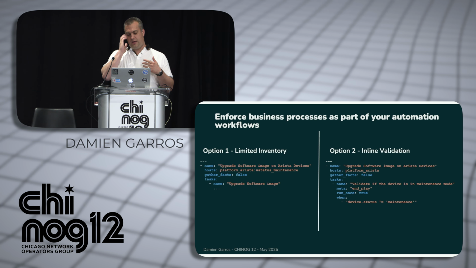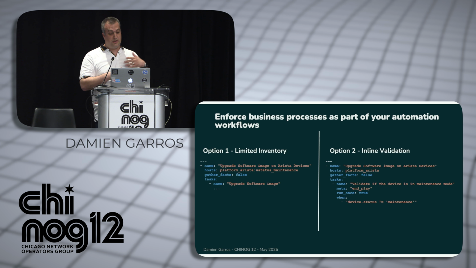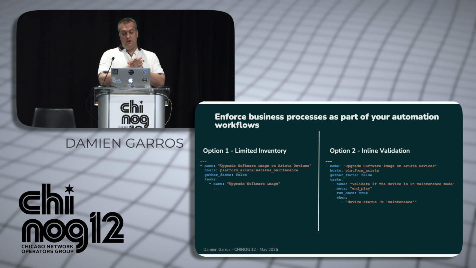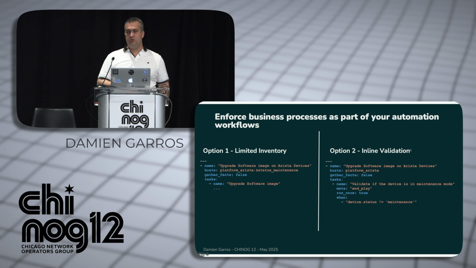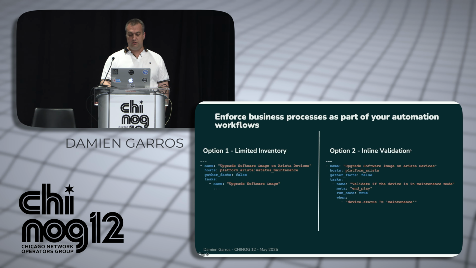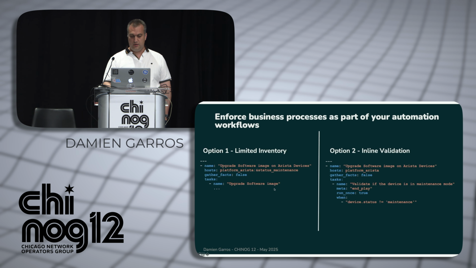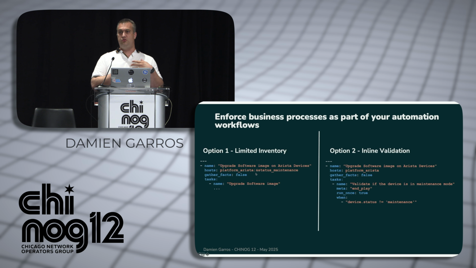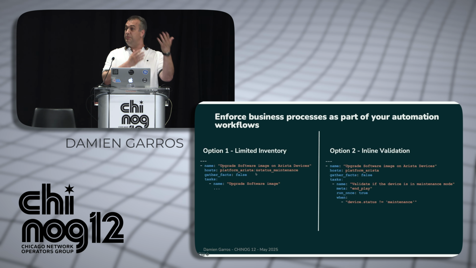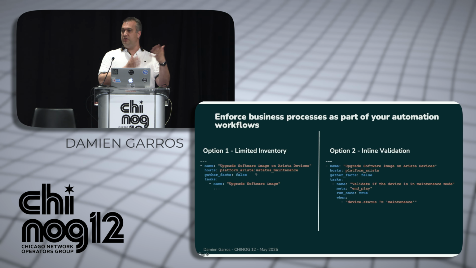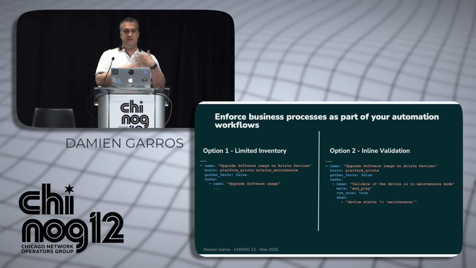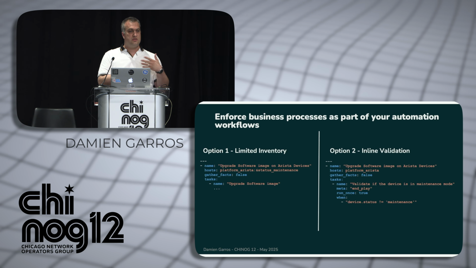Here, it's going to be a little hard to read, but I try to show how, for example, on the Ansible playbook, if you have control of your inventory, you have the ability to filter out from the very beginning of this workflow every device that is not in maintenance mode. Then suddenly this workflow is safe by default, because even though it's a very disruptive workflow, you put a lot of guardrails into it.